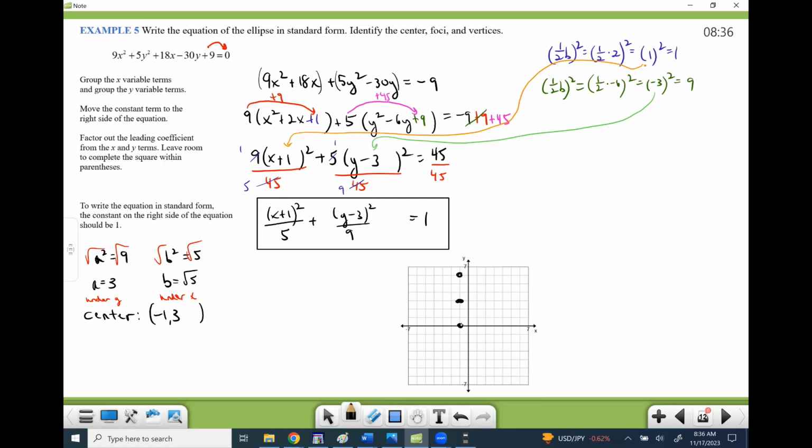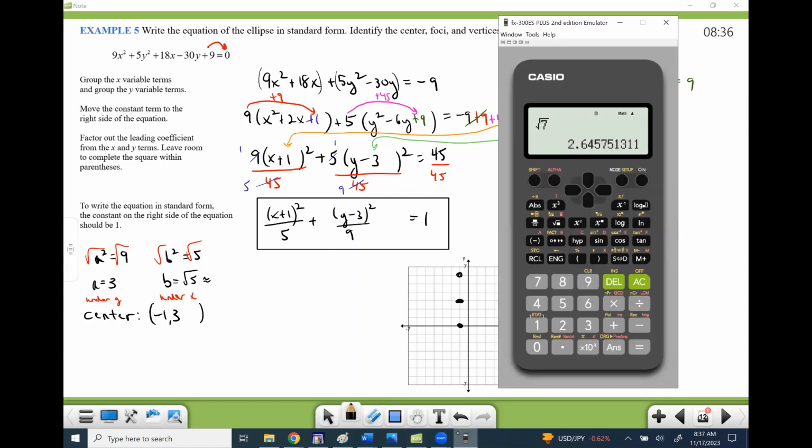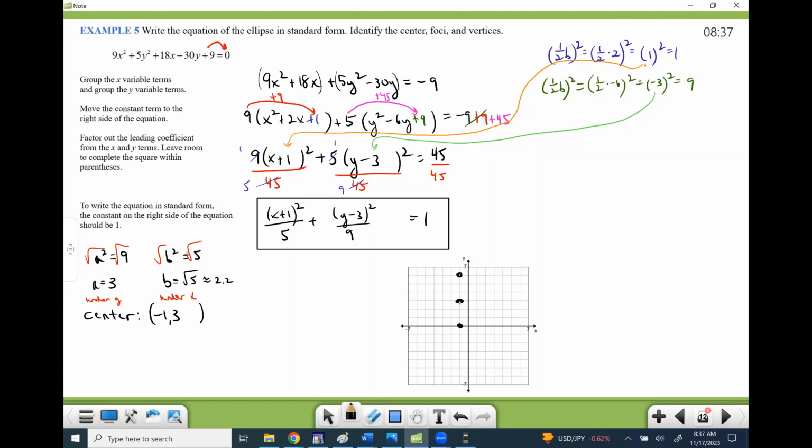And square root of 5 is going to be 2 point something, 2.2-ish. So I'm going to go 2.2-ish in each direction.